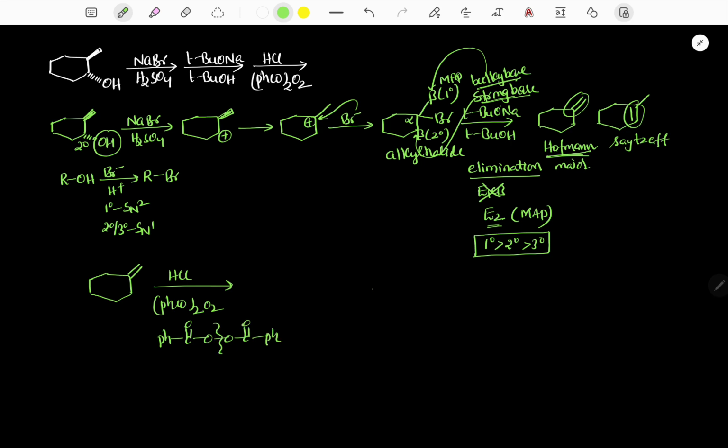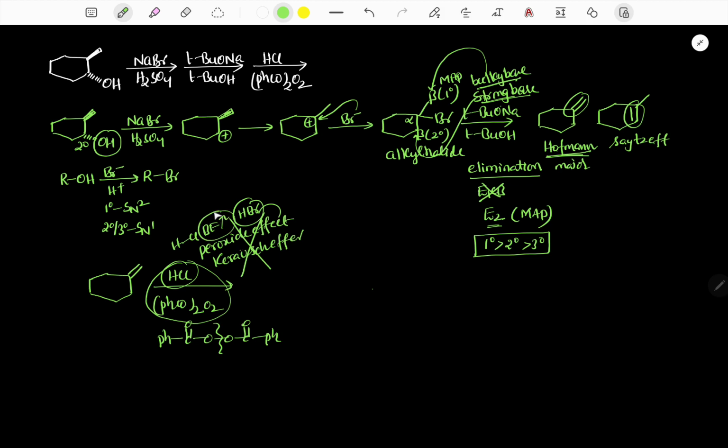So here we expect free radical addition, but this is not possible for HCl because there is no peroxide effect and no Kharash effect, because the HCl bond enthalpy is high when compared to HBr. For HBr the peroxide effect is observed, for HCl it is not observed.